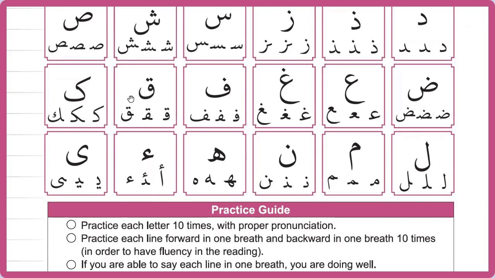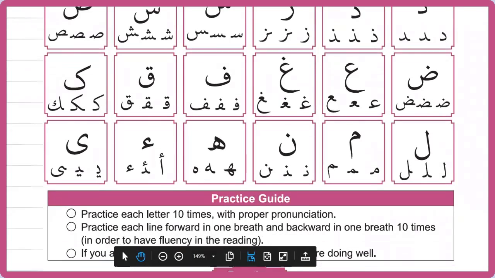And then kaf, candle, right? And you can see that there are 3 different shapes of kaf, okay? And then lam, here is lam, then mim, noon, ha, hamza, and ya, okay? So now we will move on.